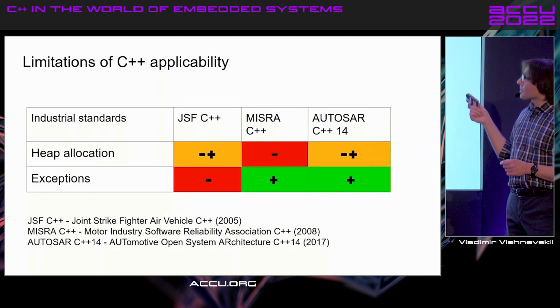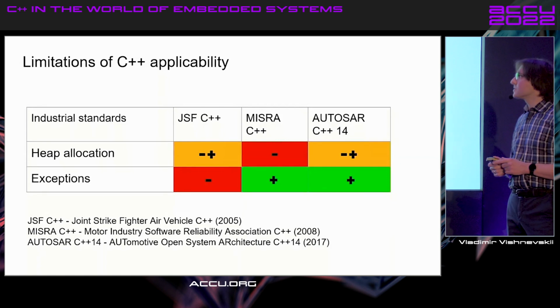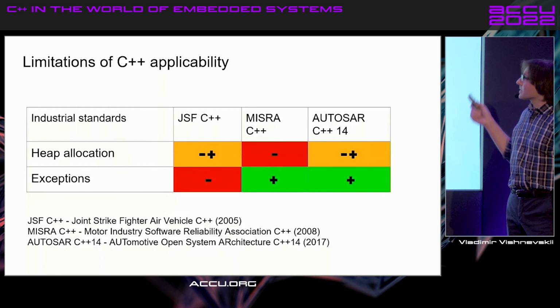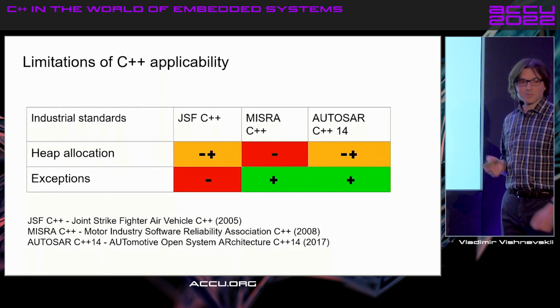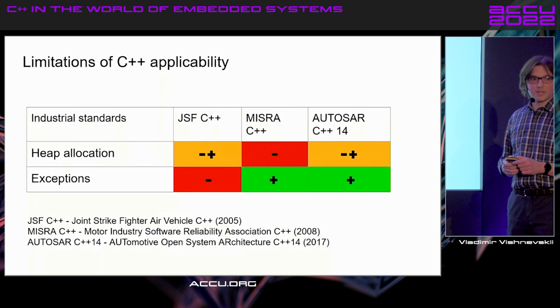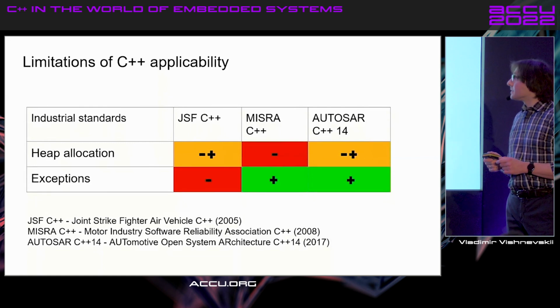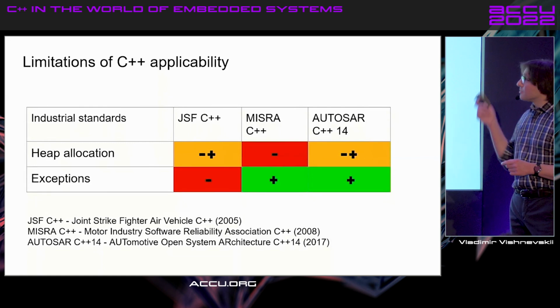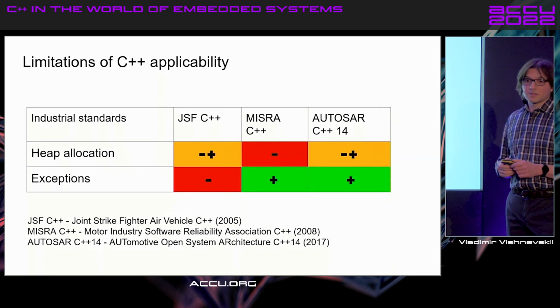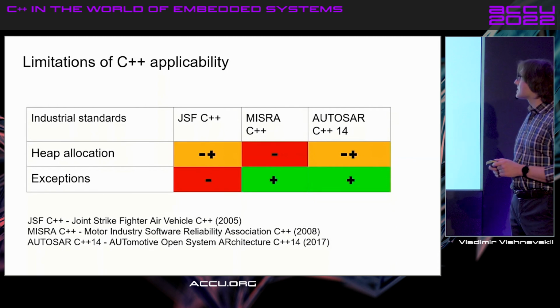Those are some standards for safety and mission critical software. The Joint Strike Fighter C++ standard is quite a famous one because Bjarne Stroustrup was participating in its development. It is from 2005. Two other standards are automotive standards, the MISRA C++ and AUTOSAR C++14.